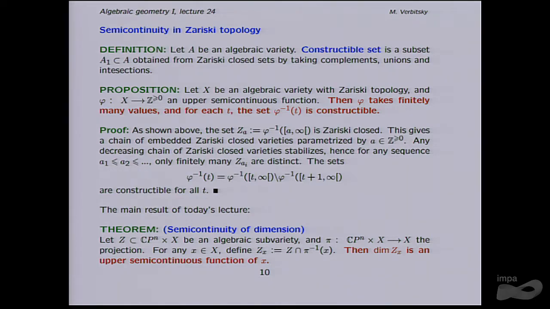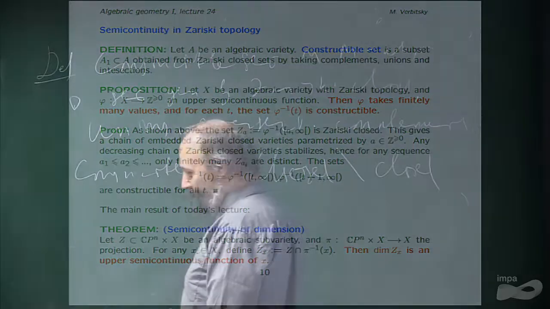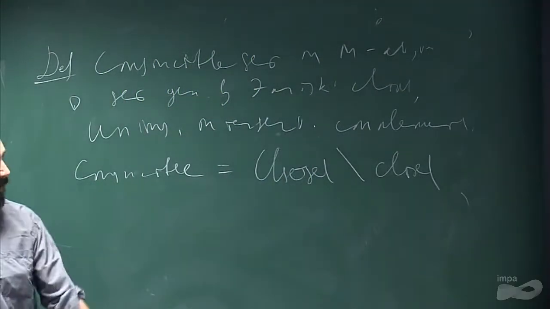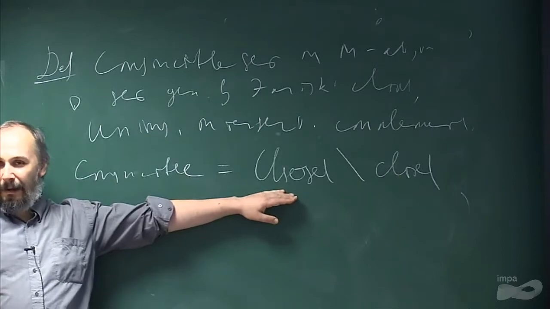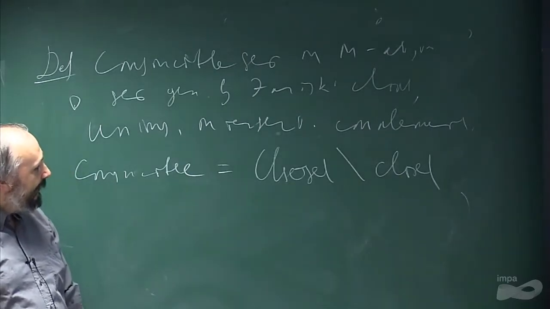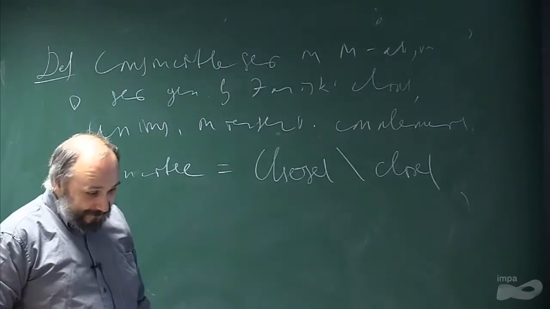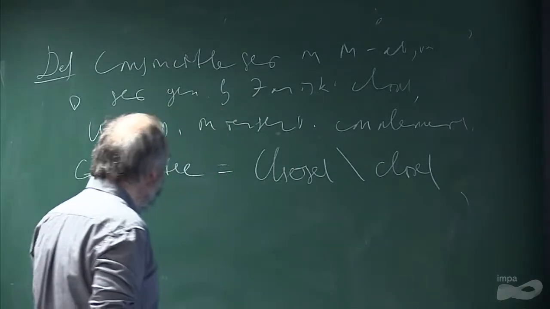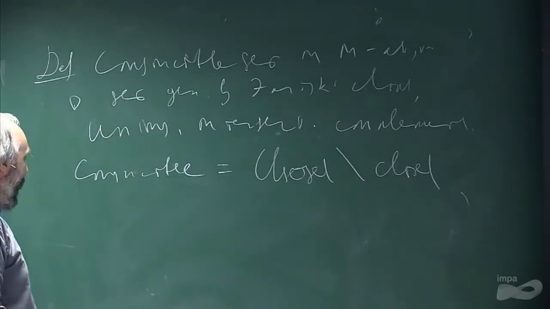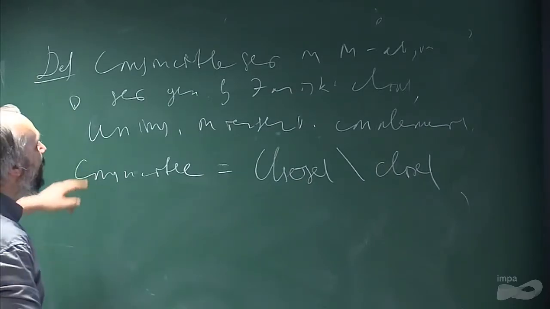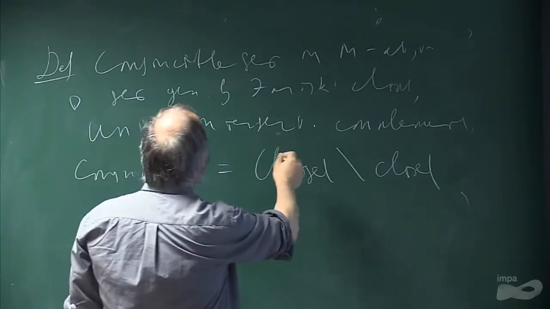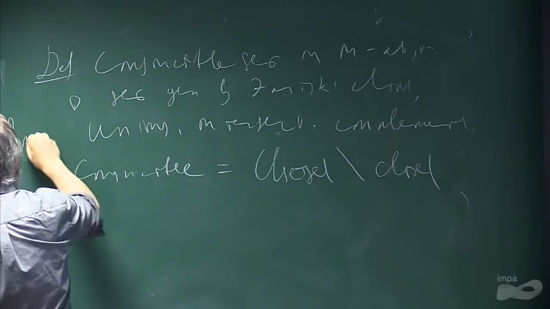So constructible is closed without closed. That's all. Intersection of closed is closed, but finite.